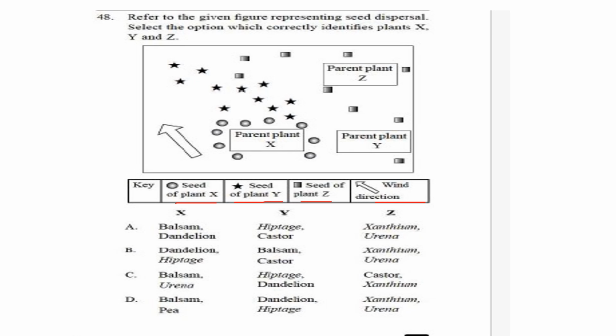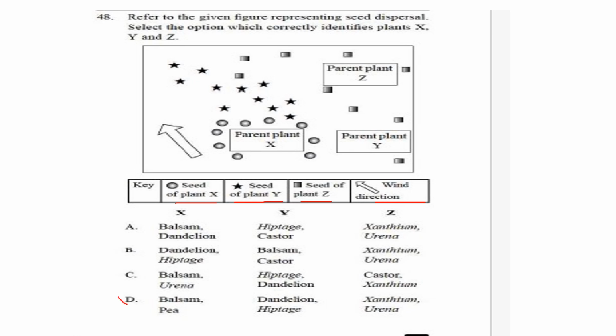So the seeds dispersed by explosion. Seeds of plant Y are dispersed far away from the parent plant. So this is dispersal by wind. And plant Z's seeds dispersed little far away from the parent plant. So our answer is option D.